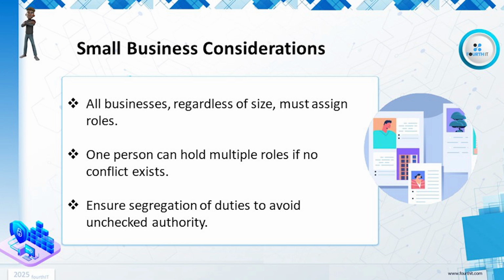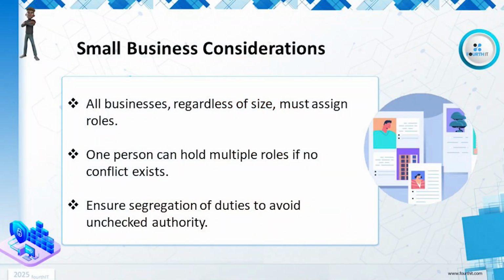The key is to ensure proper segregation of duties so no single individual has unchecked control over critical security decisions. Segregation of duties simply means that you are splitting tasks so no person both creates and approves changes, which reduces the risk of mistakes or malicious actions. Next, we're talking about separation of duties, so it's the same thing.